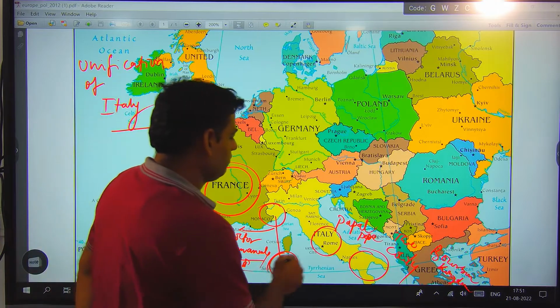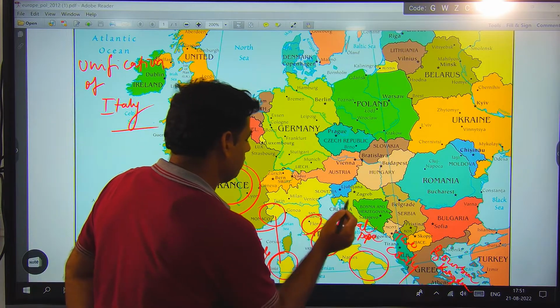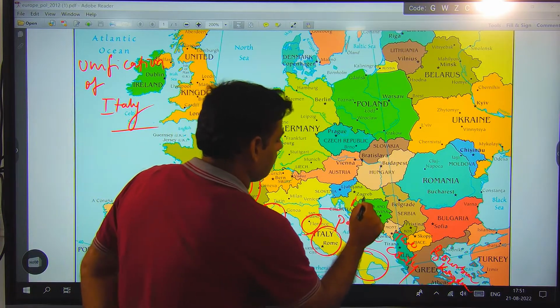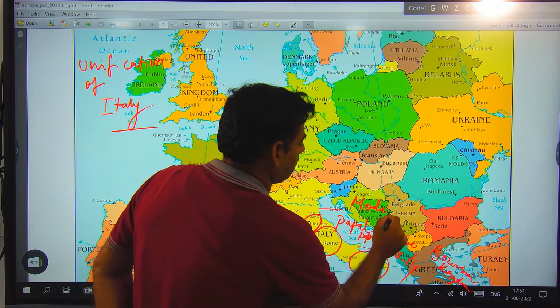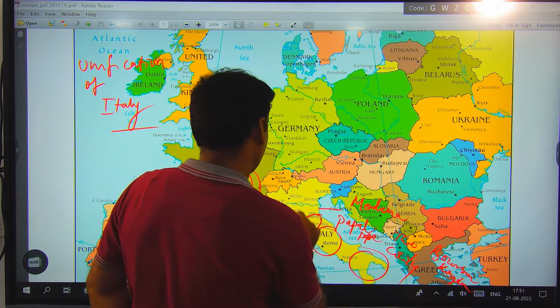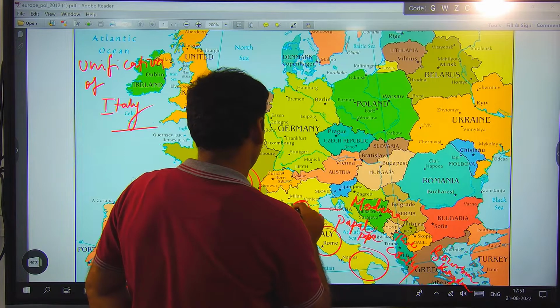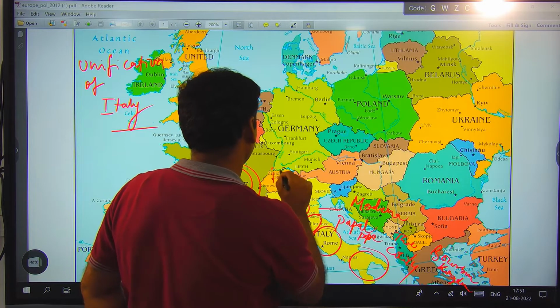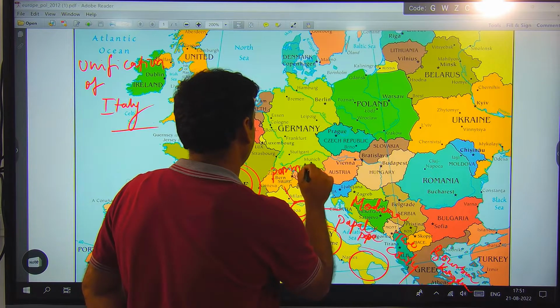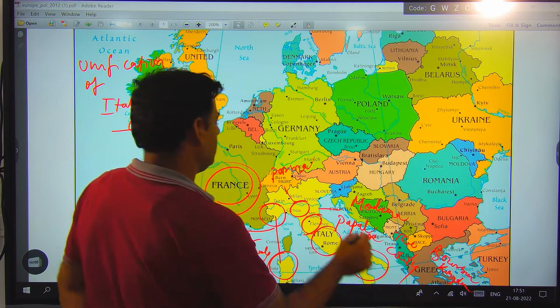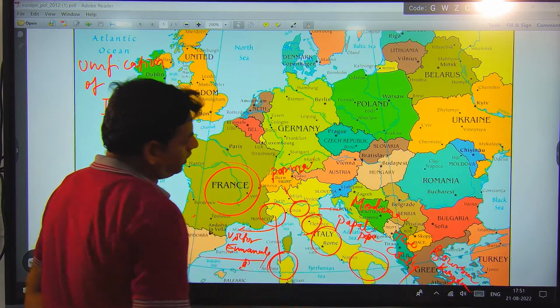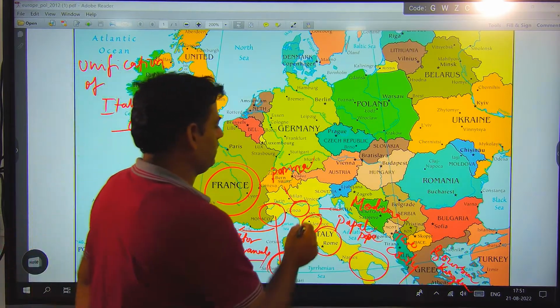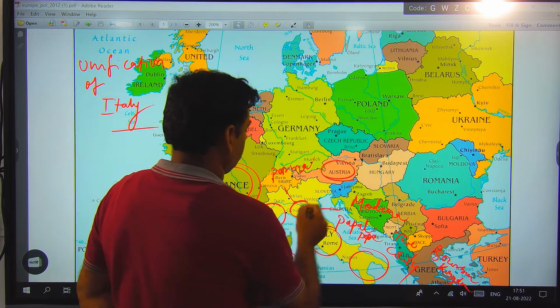Then later another kingdom, Modena, the other one Parma, then the northern part of Italy was ruled by the Austrian kingdom.